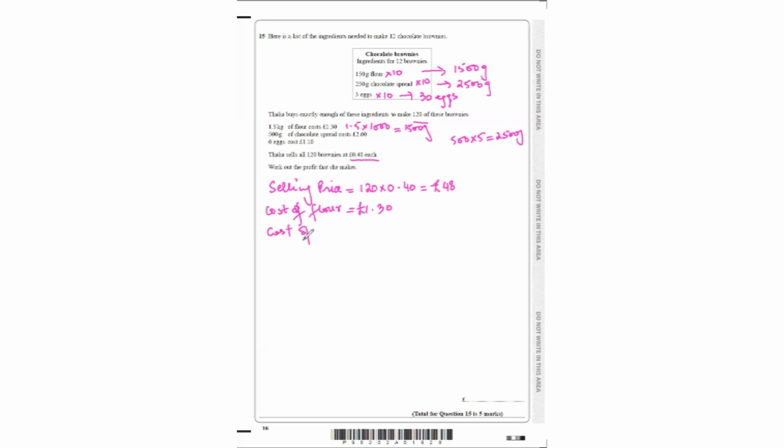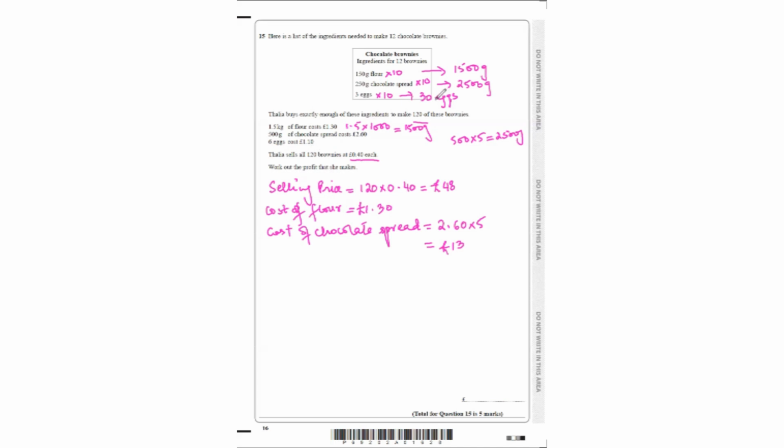Cost of chocolate spread is going to be 2.60 times 5. So that's going to be 13 pounds. And then for cost of eggs, they gave us the cost of 6 eggs, which is 1.10 pounds.